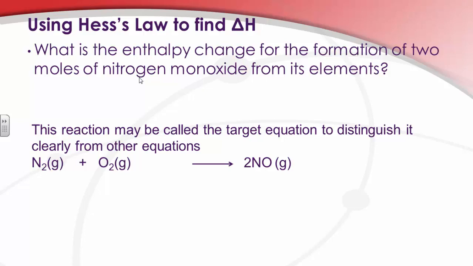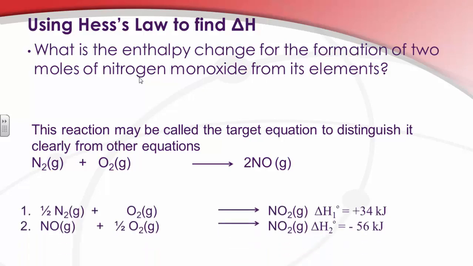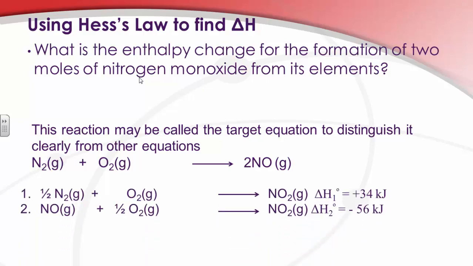And notice that we've got 2 moles here. Let's imagine that we're given 2 reference equations and asked to create this overall expression. So this is a very common test question. Given these 2 expressions, state the energetics for the target equation. So we can call these the known equations and call the other one the target equation.